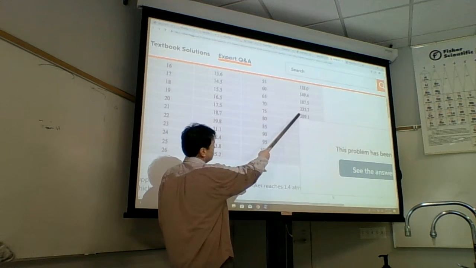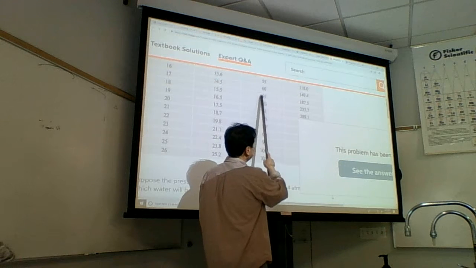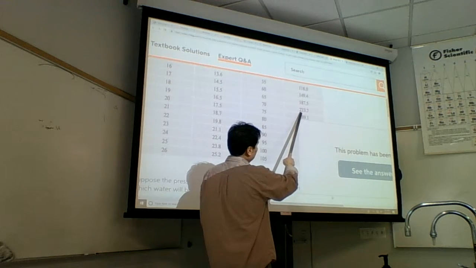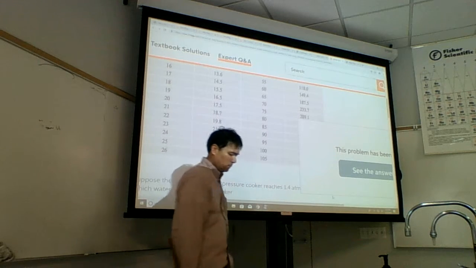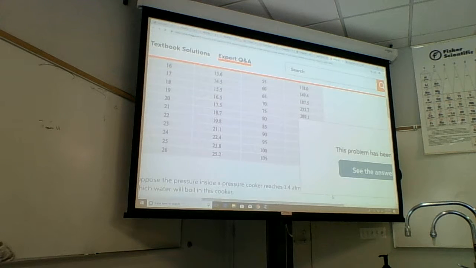It's still 100% relative humidity, but the humidity will be much greater because at 70 degrees C, the vapor pressure can go up to 233.7. Still 100% relative humidity because it's saturated, but the percentage water vapor in the gaseous phase has gone up dramatically.